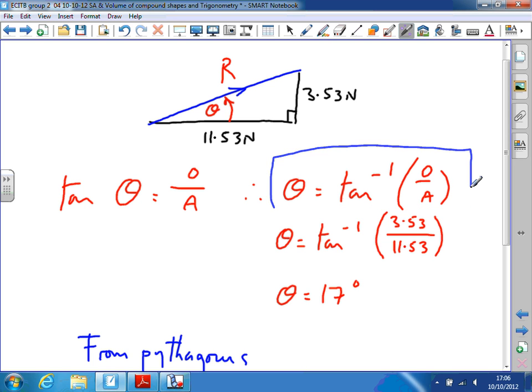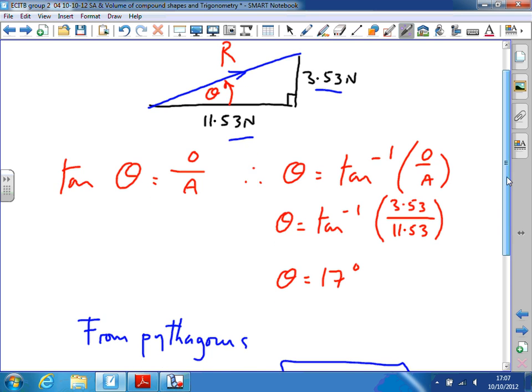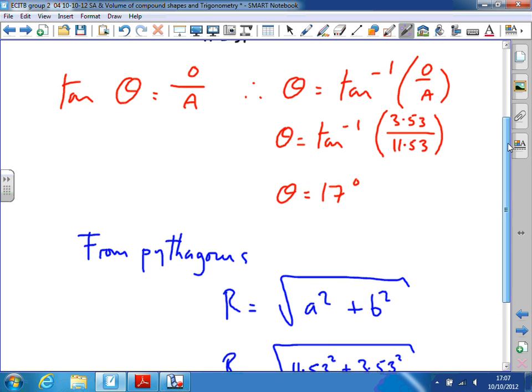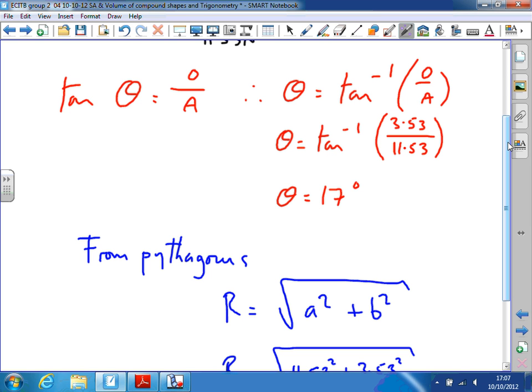If you're looking for the vertical and horizontal components, they're always going to be the opposite and the adjacent. You won't have R, you'll have those two sides, so it's always tangent. And how do we get the resultant? We always use Pythagoras once we've got those other two sides. So Pythagoras and this tangent ratio are used to find the resultant of two or more forces.